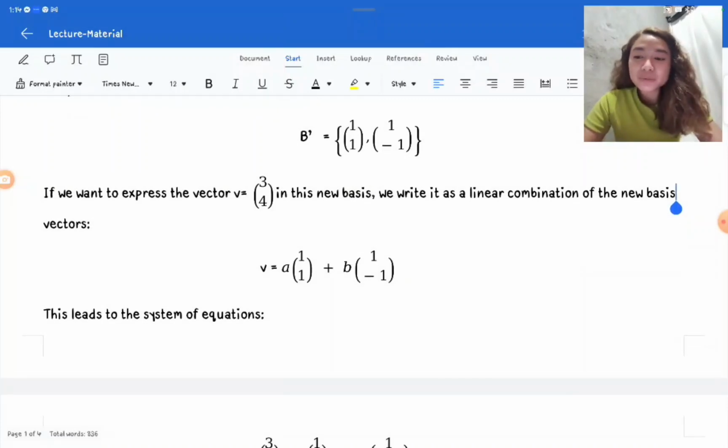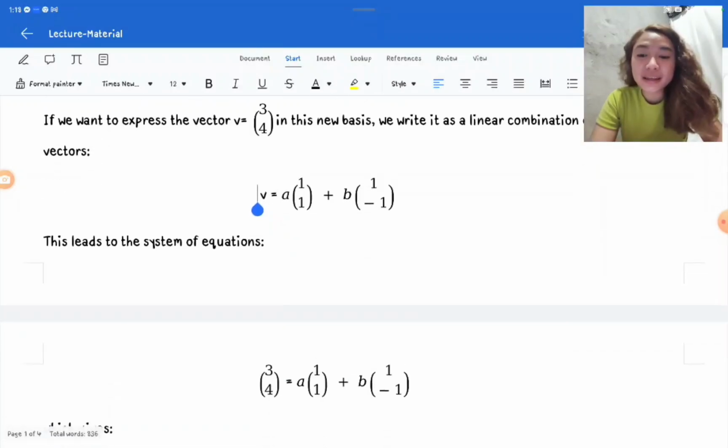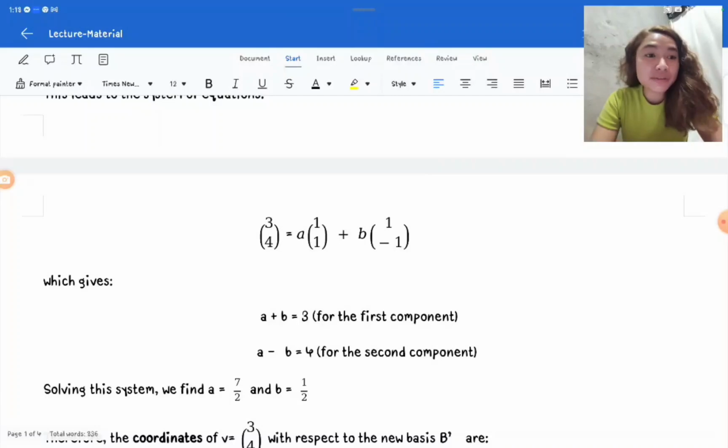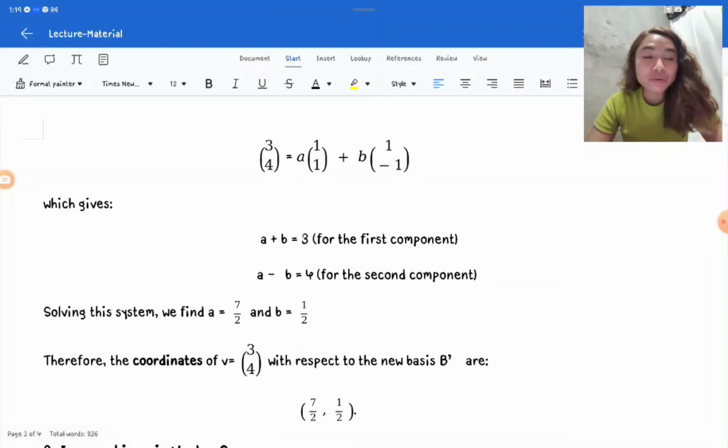So we set up the equation v equals a times (1, 1) plus b times (1, -1). This gives the system of equations: a plus b equals 3 for the first component, and a minus b equals 4 for the second component.